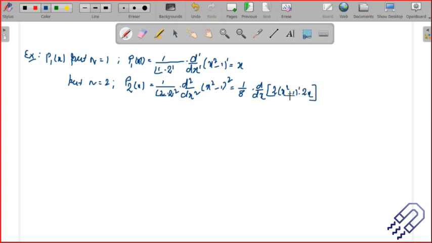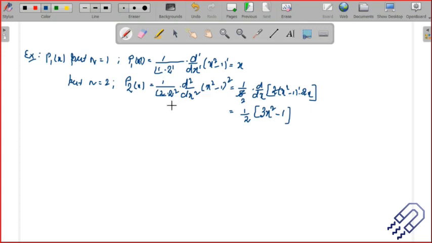So we can do it. This 8 will get cancelled with these 2 and this 2, so this will be 2, so I can simply write it down as half. And this is x cubed, x into x squared is x cubed, so this would be 3x squared if I take d/dx of that, minus 1, because this is x minus x. So this way you can find out.